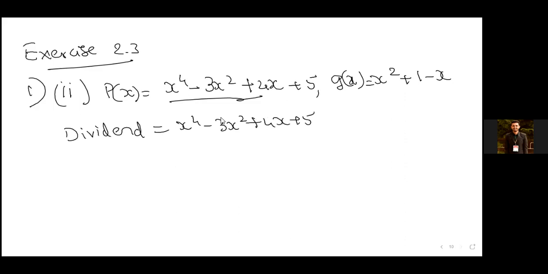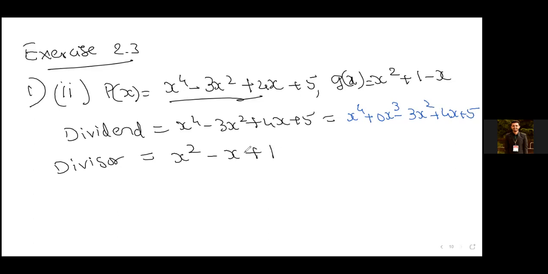But you can see the x cube term is missing, so we can write this as x to the power 4 plus 0x cube minus 3x square plus 4x plus 5. Also, the divisor needs to be rearranged as x square minus x plus 1.